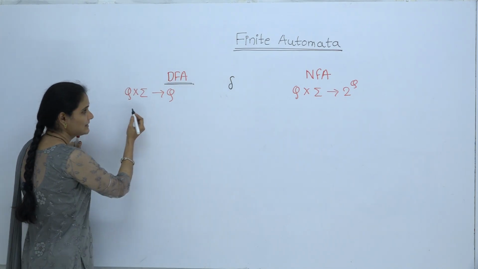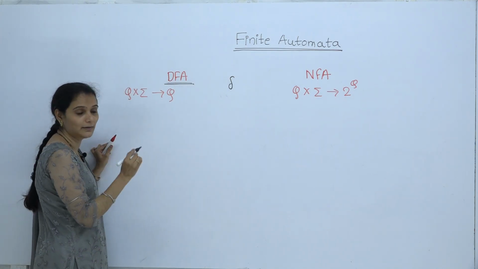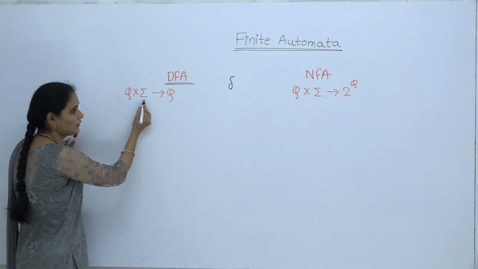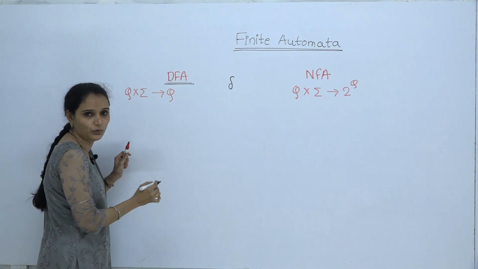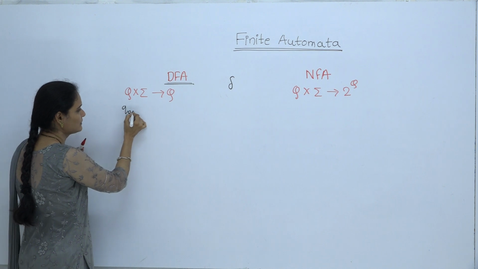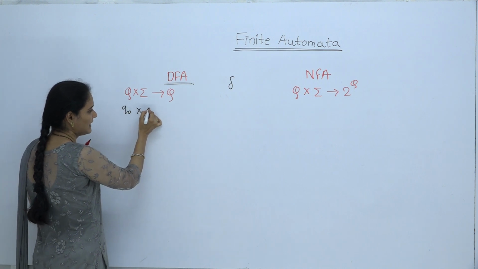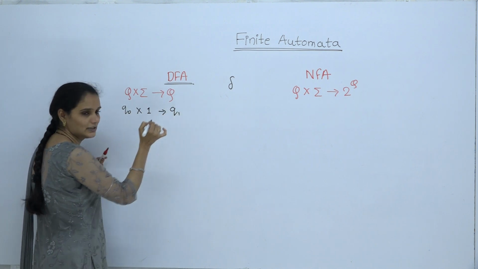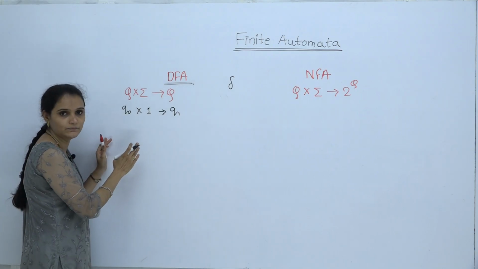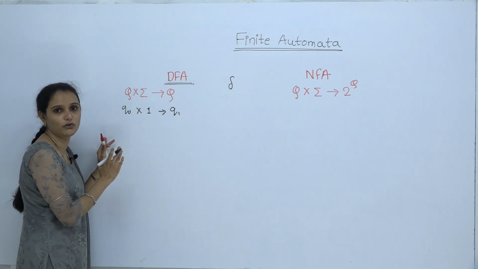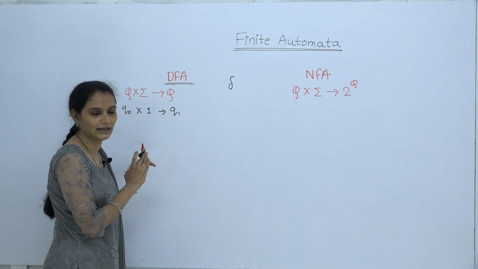The transition function for deterministic finite automata is Q × Σ goes to Q. For example, here q0 on input 1 goes to, suppose, q1. Simply it is like that, the transition function for the deterministic finite automata.